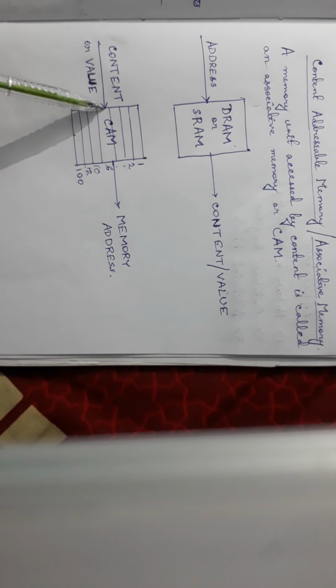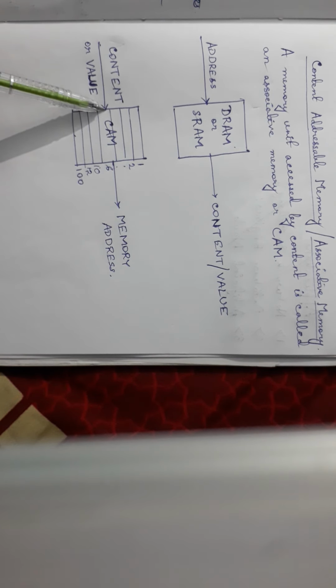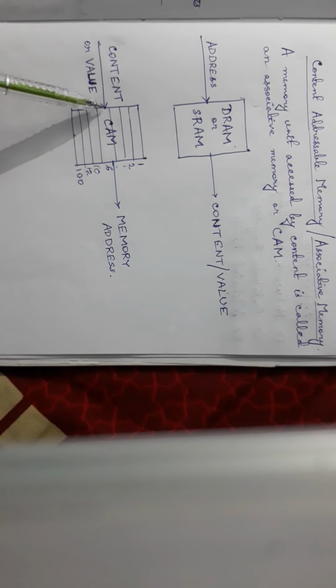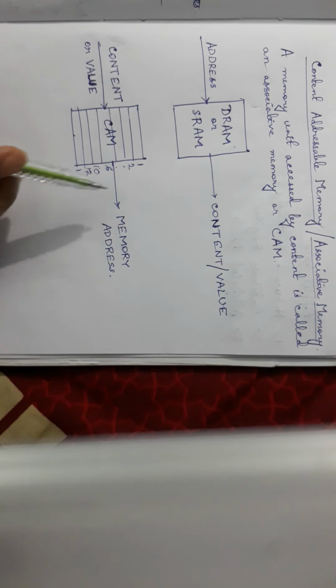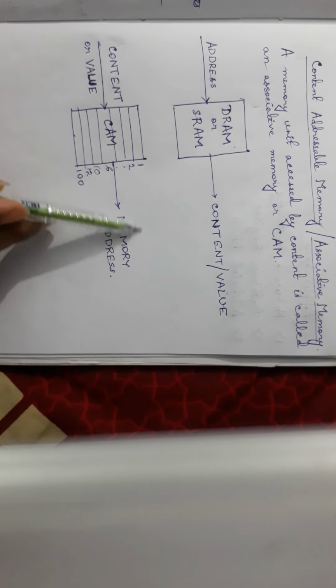But in case of CAM, the thing is just opposite. Here the content or value is passed as the input to the CAM, and in one single cycle the entire memory is searched and it returns the list of addresses where the content is found. So it returns some memory address.